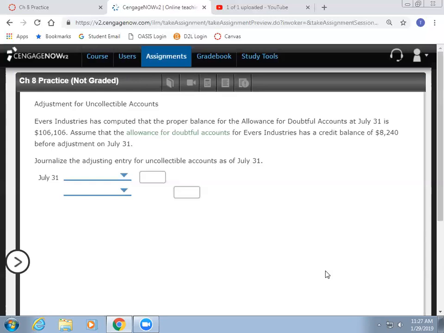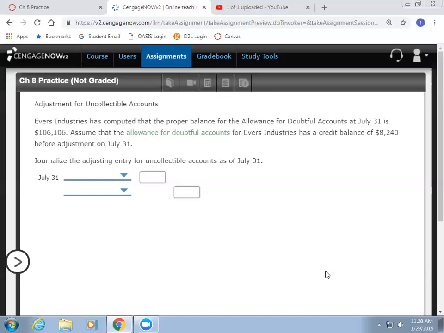So how much is my adjusting amount? Very good, 97,866. Okay, so I'm going to debit bad debt expense 97,866, and credit that same amount to allowance for doubtful accounts.